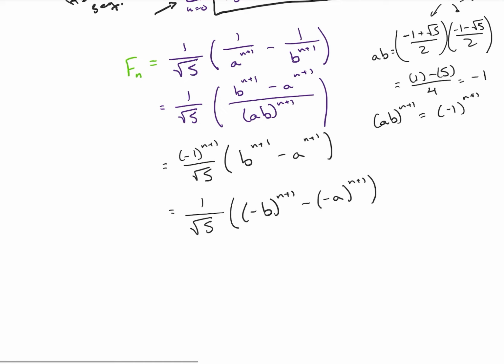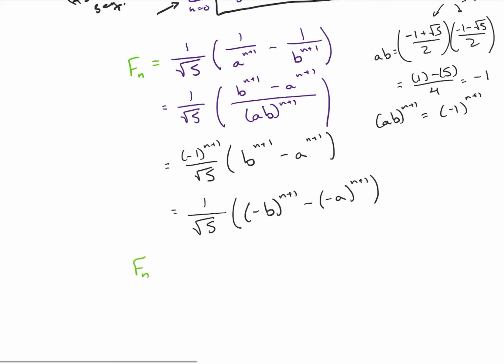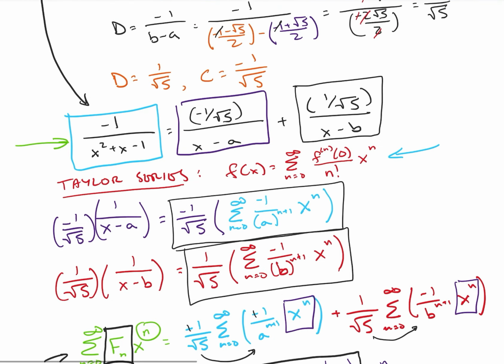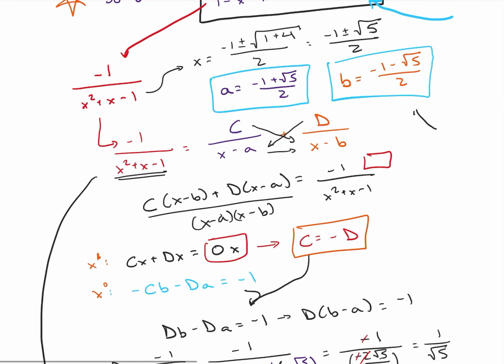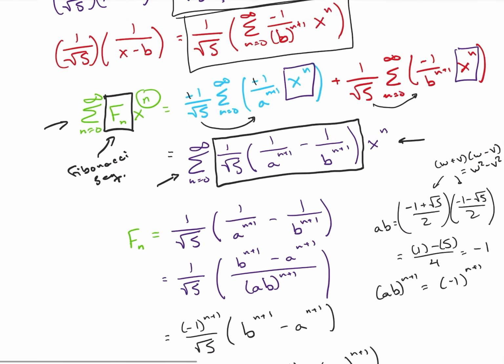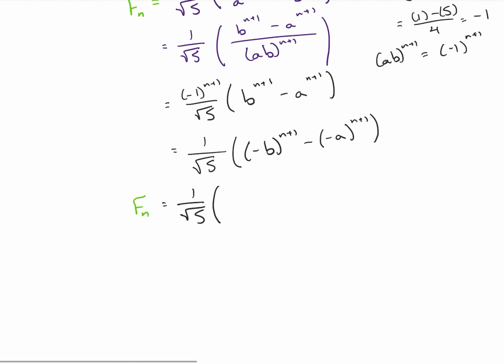So what does that tell me? This f sub n, so my Fibonacci term, is going to be equal then to 1 over square root of 5, and then negative b, so what was b and what was a? So b is negative 1 minus square root of 5 over 2, and a is negative 1 plus square root of 5 over 2. So I'll just go ahead and write it out.